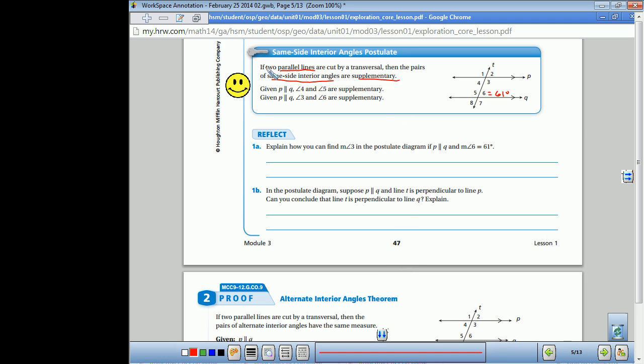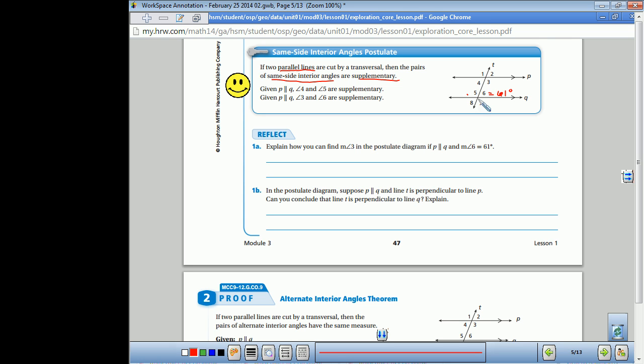Sorry. All right, so this is where it says, if parallel lines are cut by a transversal, then same side interior angles are supplementary. Okay? So, explain how to find the measure of angle 3 if P is parallel to Q and the measure of angle 6 is 61 degrees. So, let's talk about the relationship between 3 and 6.